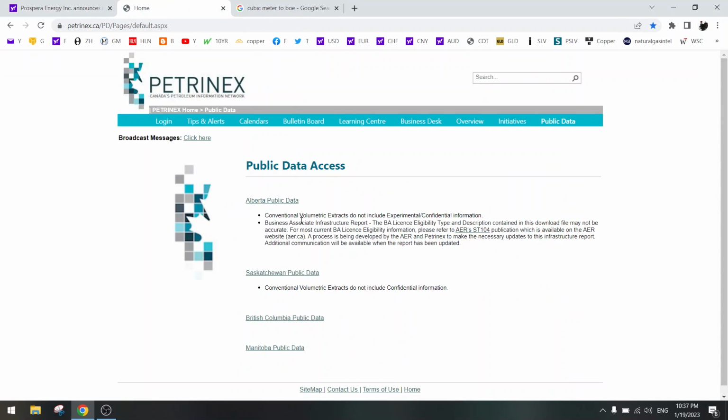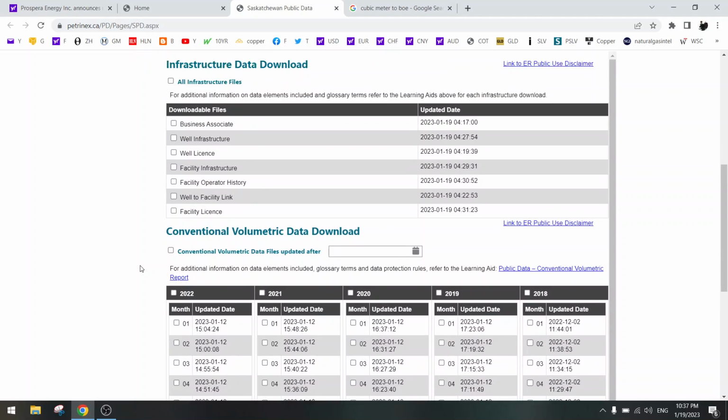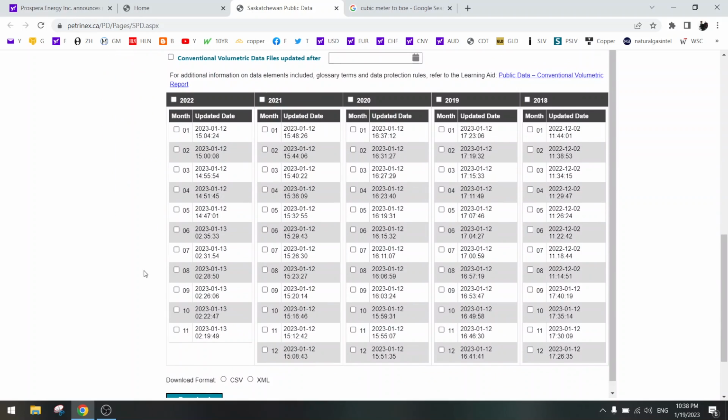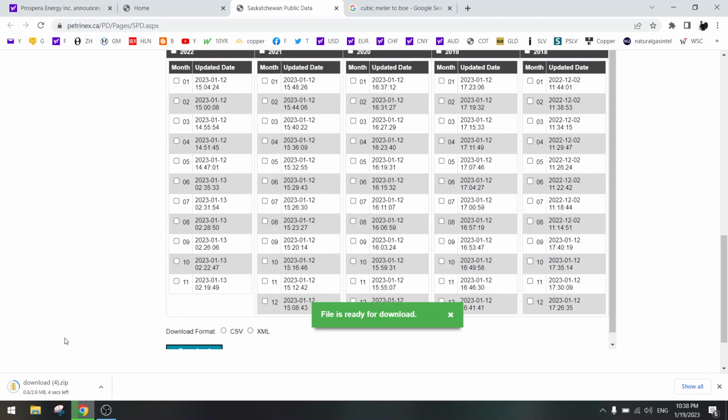Okay, so let's go here. We know that this company is both in Alberta and Saskatchewan. Most of the assets are in Saskatchewan, so let's open this one. Then you go to September, that's this, and you download the production data.